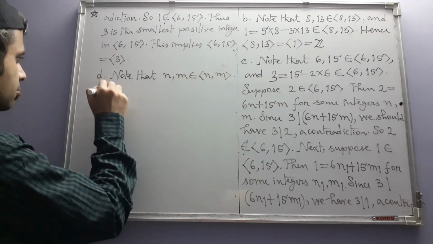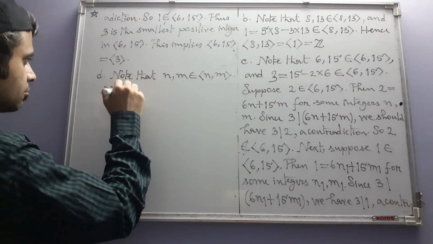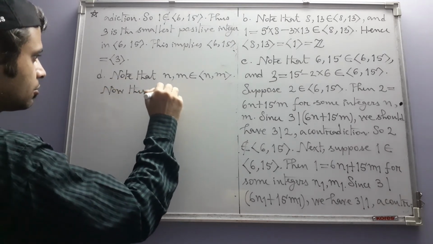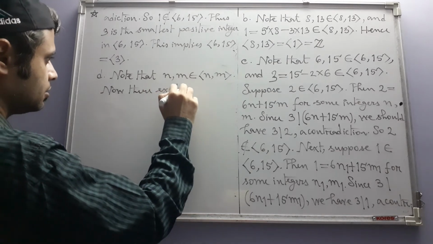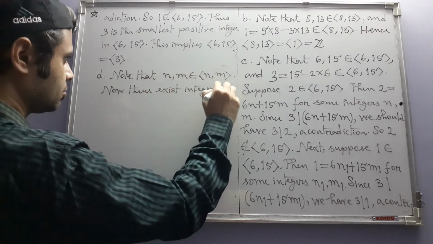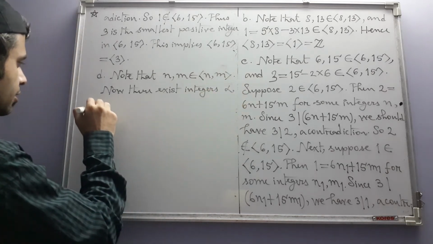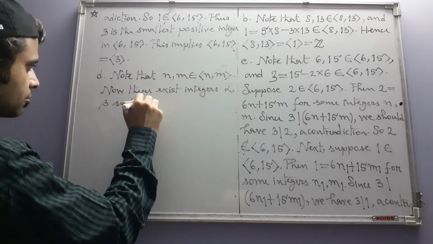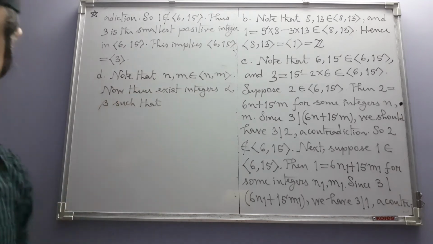Now there exist integers, suppose alpha and beta, such that I need ink.